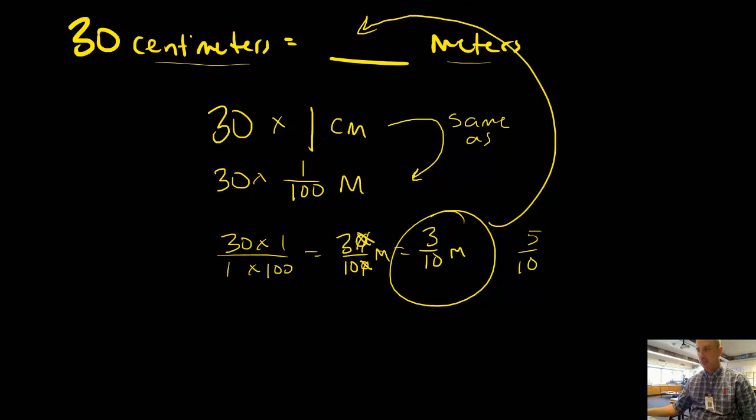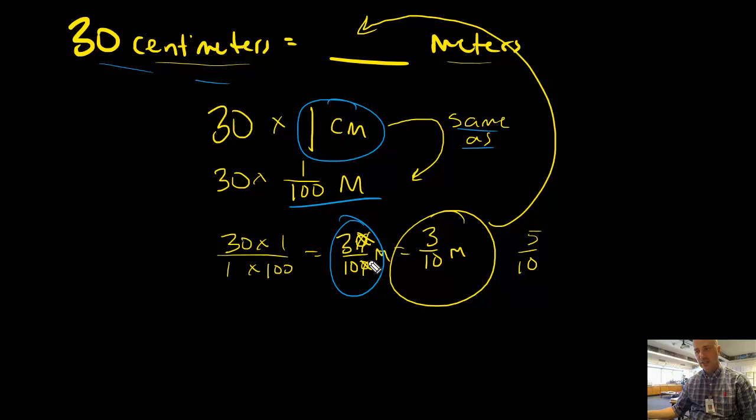Just to recap, I had 30 centimeters and wanted to turn it into meters. I can say 1 centimeter is the same as 1/100th of a meter. Then I multiply that by 30 to get 30/100ths, and I can reduce that down to my answer of 3/10ths of a meter.